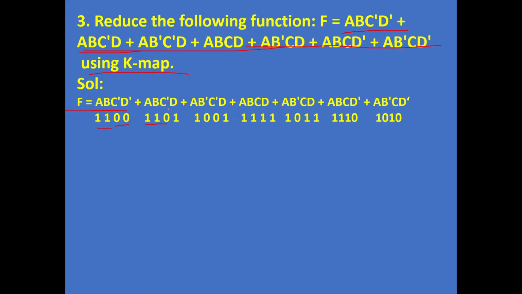A B C bar D: A, B 1, 1, C bar 0, D 1. A B bar C bar D: A 1, B bar 0, C bar 0, D 1. A B C D: 1, 1, 1, 1. A bar B bar C D: 0, 0, 1, 1. A B C D bar: A, B, C is 1, 1, 1, D bar is 0. A B bar C D bar: A is 1, B bar is 0, C is 1 and D bar is 0. Okay, so this is it.